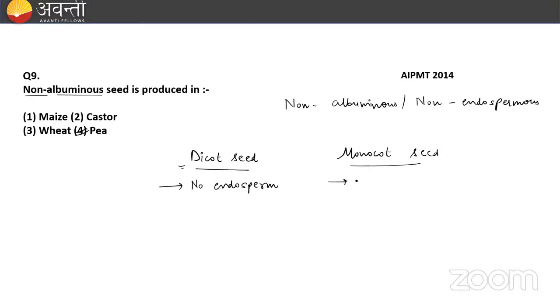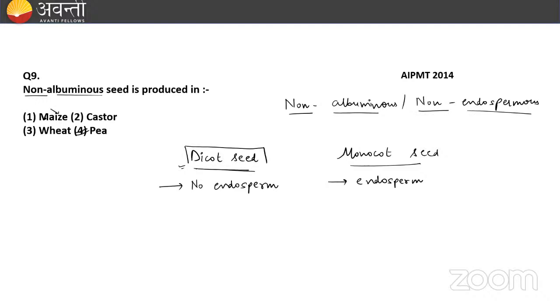But in case of monocot seed, you will observe endosperm. That means the endosperm is not completely utilized by the embryo in monocot seed. That is why you observe endosperm in monocot seed, right? Non-albuminous means non-endospermous. That means it is dicot seed, right?